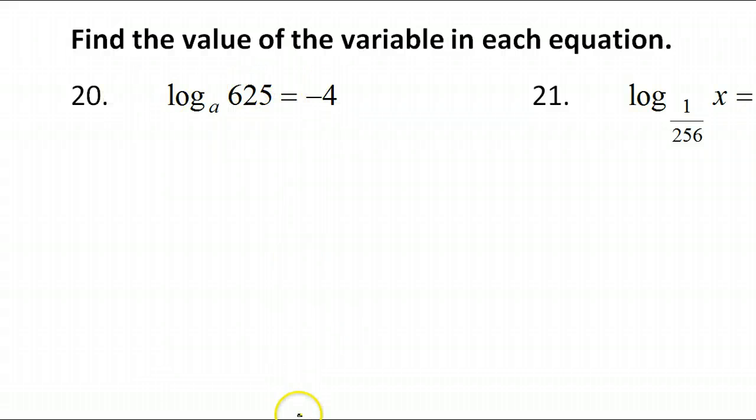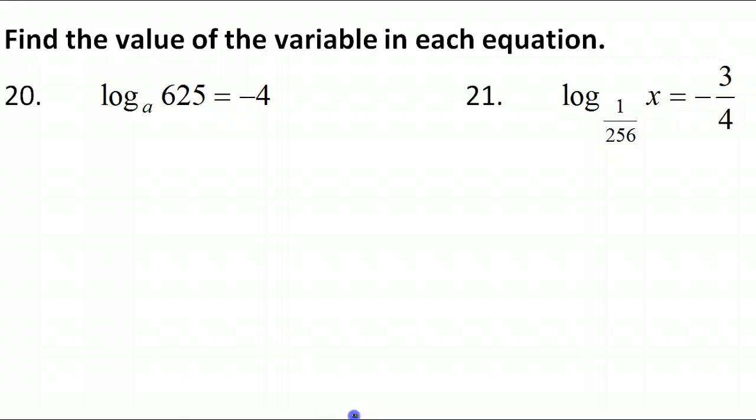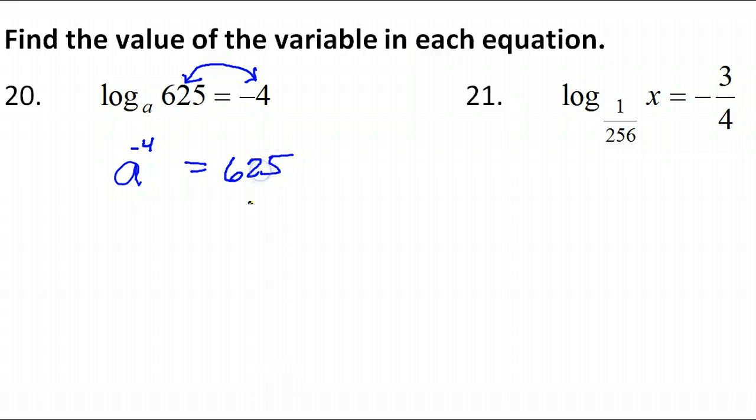The first step of solving all of these, finding these missing variables, will be to rewrite these in exponent form. So start with the base. So this has a base of a, so if I sort of bring that down, now everything else is going to change sides. So the -4 is going to come over here, and the 625 is going to go over there.